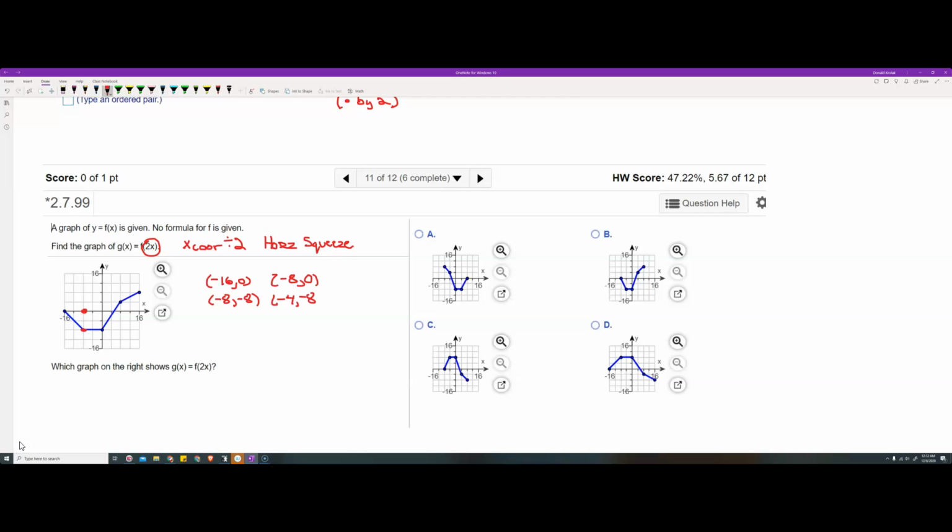So that point will move in here, and this edge of the box is going to look like that. All right, and I can see I don't really need to go any further because I've confirmed that part, and that's the only one that matches, so my choice is B.